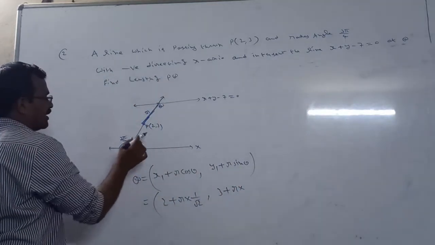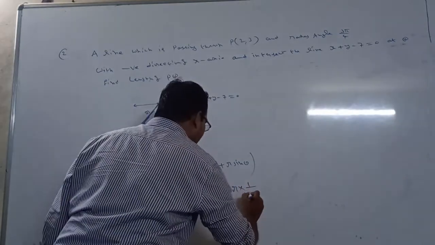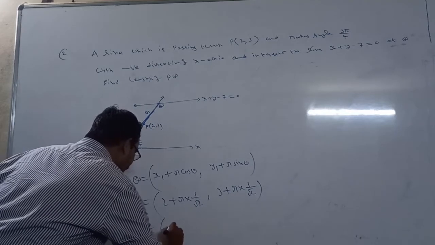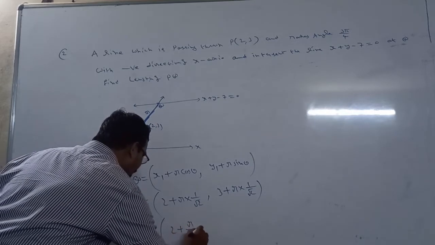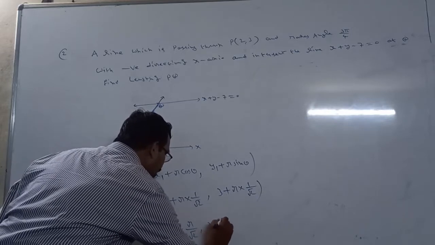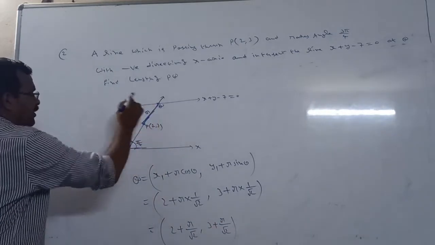The angle made by the line with the positive direction of the x-axis is pi by 4. Sin 45 is 1 by root 2. That means 2 plus r by root 2, comma 3 plus r by root 2. This is our point Q.